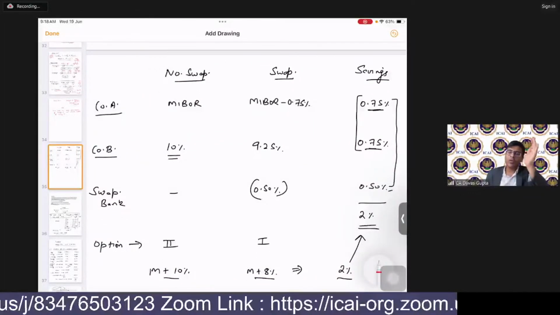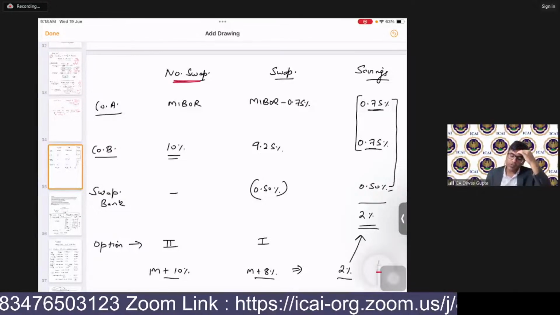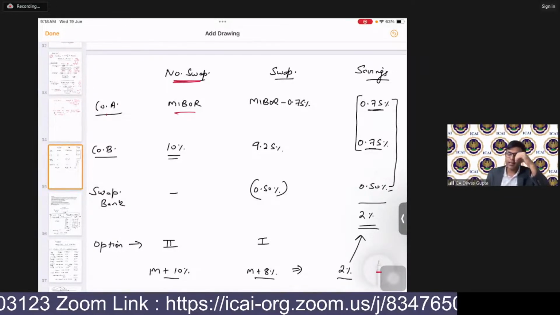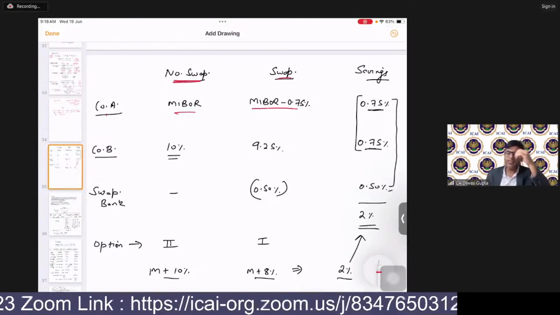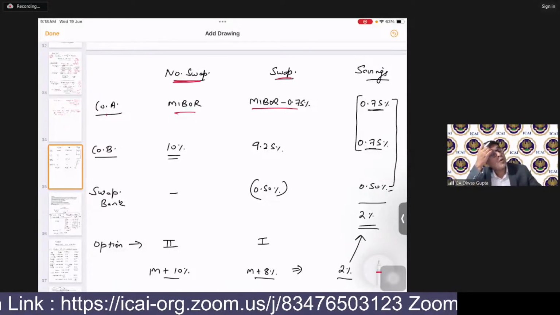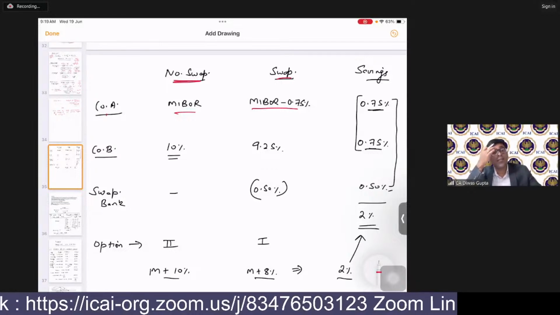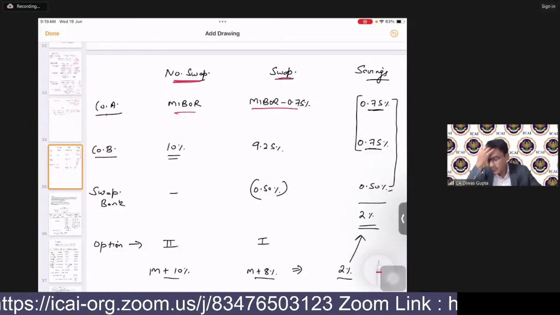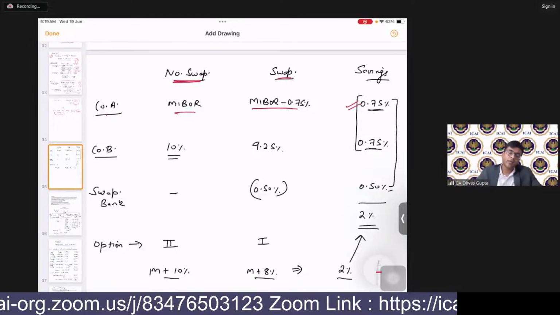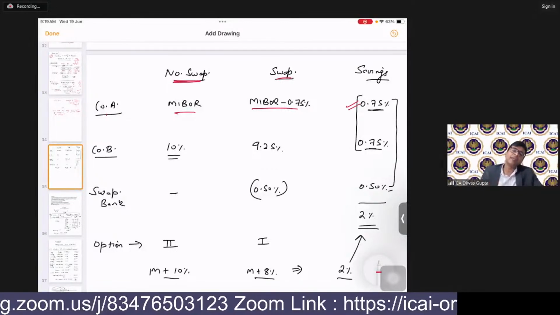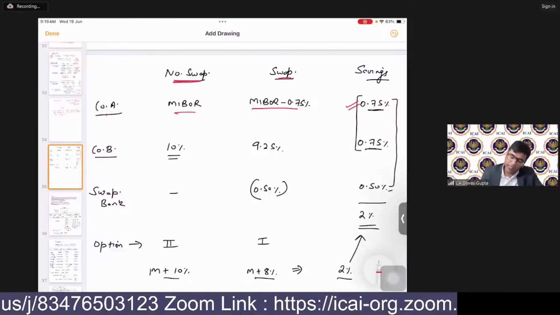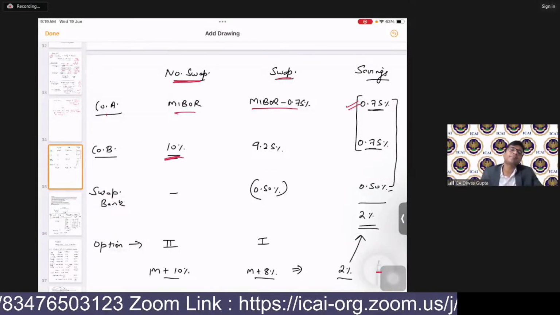Now, let's compare first of all no swap and swap. So if there is no swap, company A will end up paying MIBOR, right? And if there is a swap, then the effective borrowing cost for company A becomes MIBOR minus 0.75. So don't you think there is a savings of 0.75 that has come in here? Yes. For company B, had there been no swap, the company would have taken a fixed borrowing at the rate of 10%.